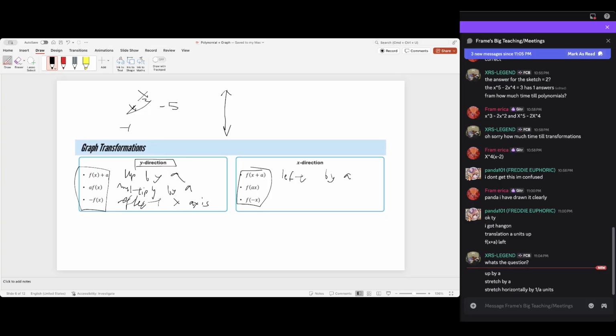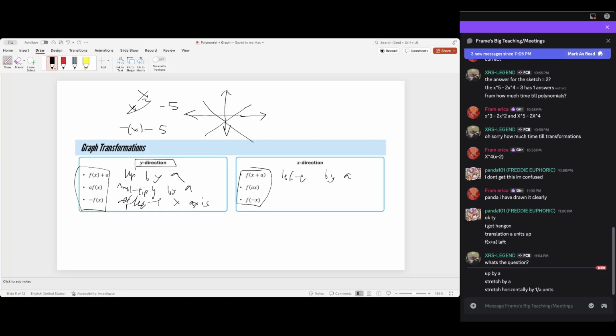If we have minus x minus 5, then you start at minus 5, x goes here, and minus x minus 5 will be a reflection, which is effectively the case.